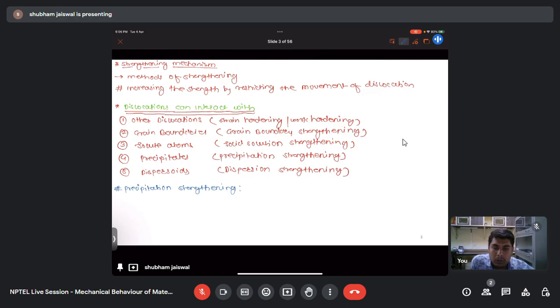For precipitation strengthening, the basic criterion for obtaining such precipitates is that the solvus line should decrease with the decrease in temperature, or in other words, the solid solubility should decrease with the decrease in temperature. This precipitation strengthening is also known as age hardening.